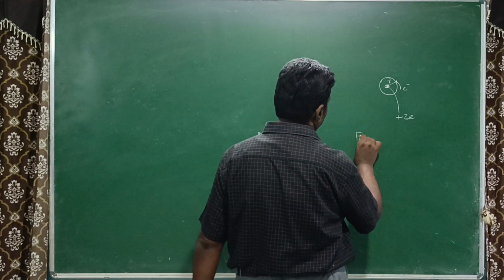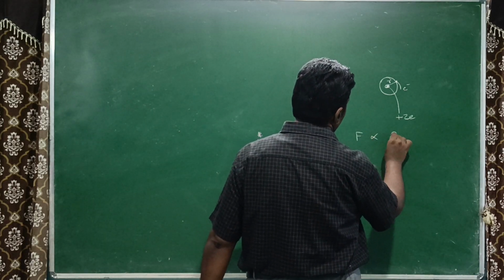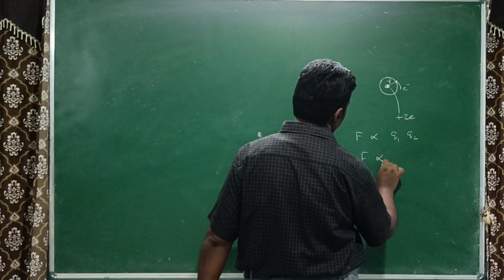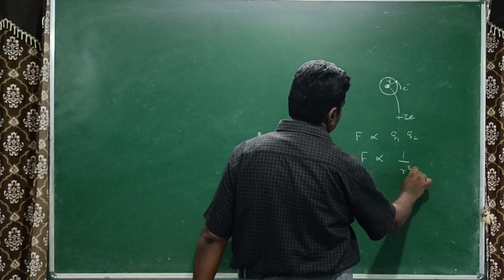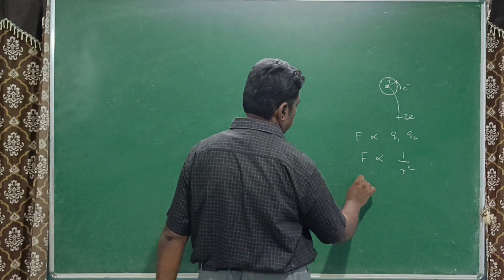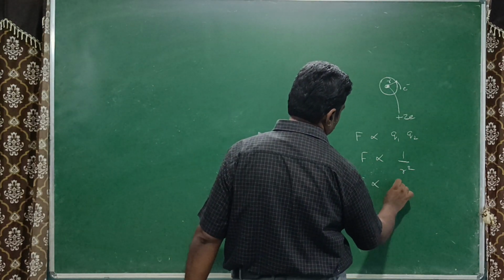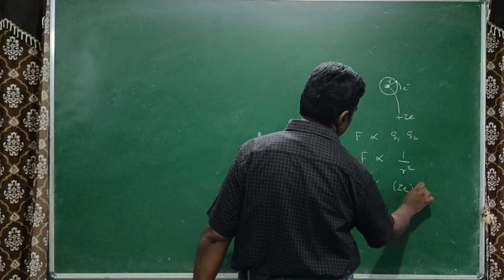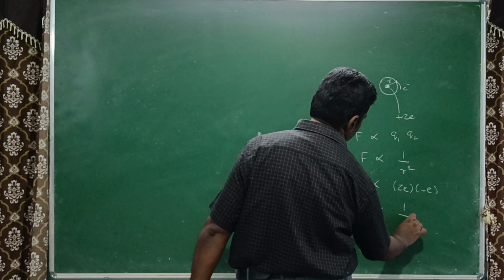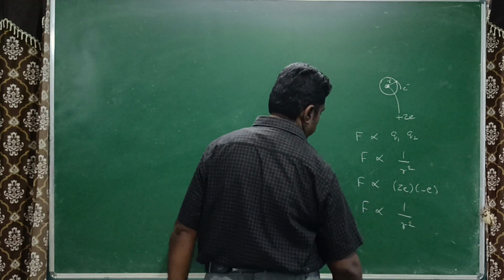According to Coulomb, F is proportional to Q1 and Q2, and F is inversely proportional to the square of the distance between them. Here F is proportional to Z into minus e, and F is inversely proportional to r square.